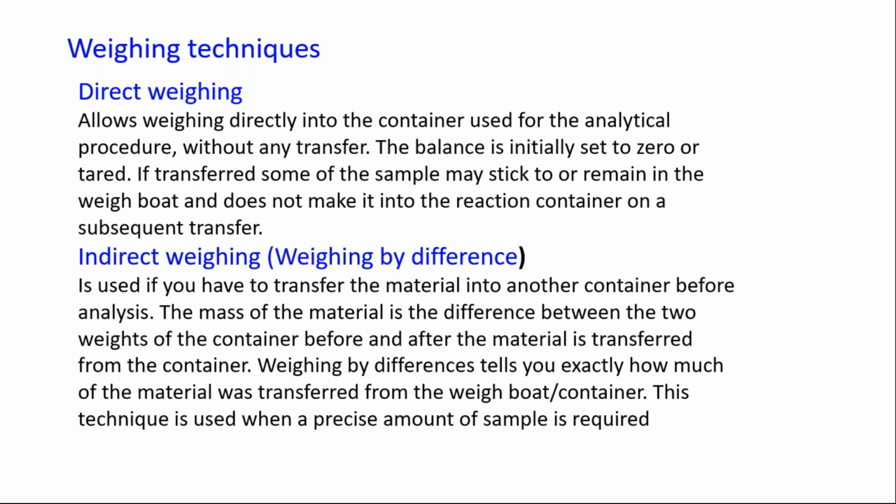So many of you might be doing the indirect weighing already. This is also known as weighing by difference. So you weigh the material using a weigh boat, take the mass of the weigh boat with the weighing material, transfer the material to the flask or the volumetric flask or other flask that you are going to use for the solution, and then reweigh the boat, and the difference in mass between the two will give you the exact amount of material that has been transferred into the standard flask for making the solution.